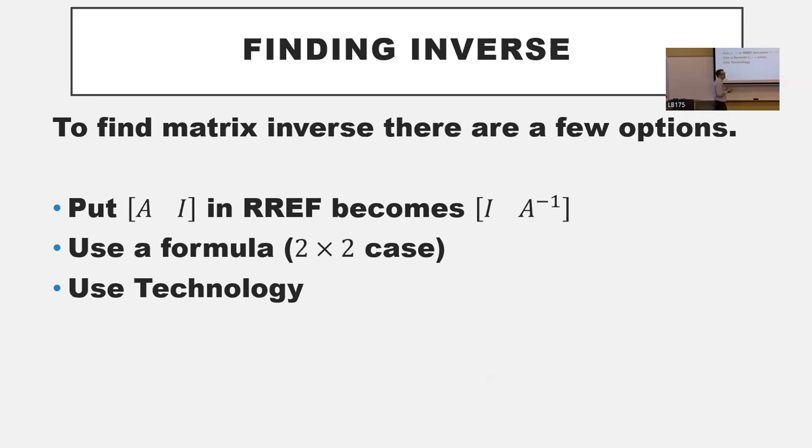One method would be to create a really big matrix that looks like the rows and columns of A on the left side, and then the identity matrix on the right-hand side, and put that into row-reduced echelon form. When you put it into row-reduced echelon form, that's going to force the diagonals.